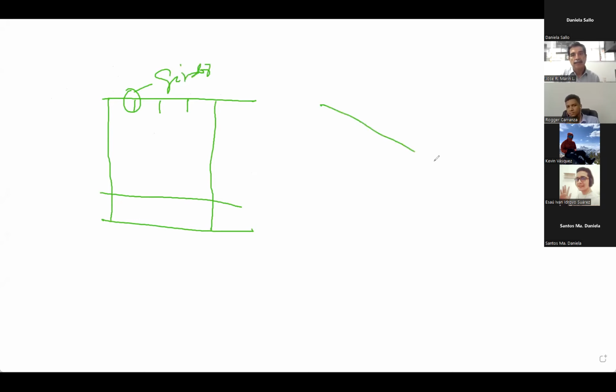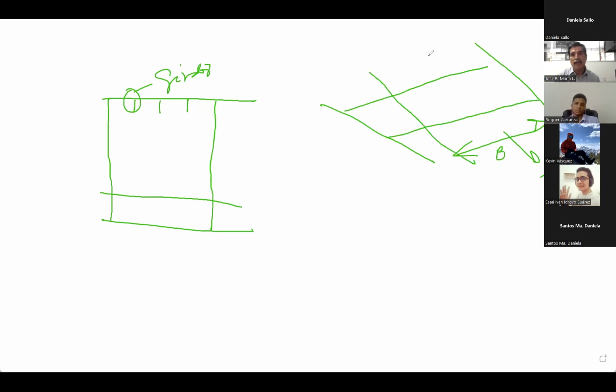This is the beam, this is X. So you have a girder, but also you have longitudinal bulkheads. So this is the spacing that you need to consider.